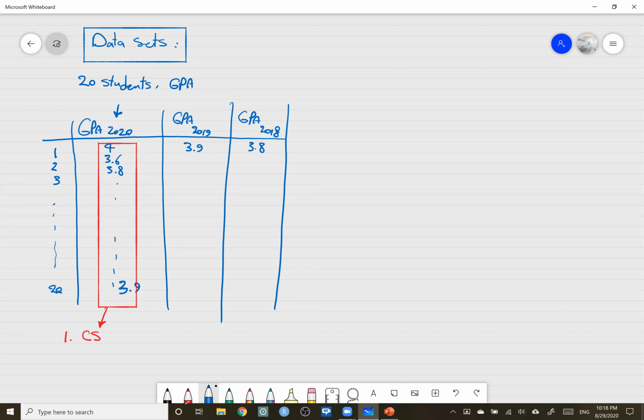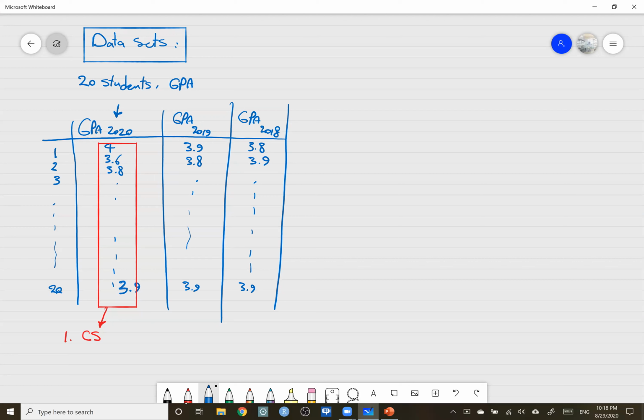So this student is improving over time. For the second student, let's say last year it was better, and the year before it was even better. So this student is completely the other way around, their GPA is depreciating over time. For the last one, this student's persistence is 3.9, 3.9, 3.9.